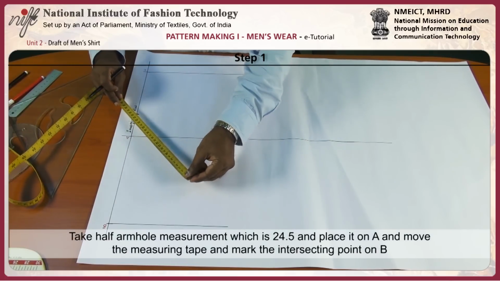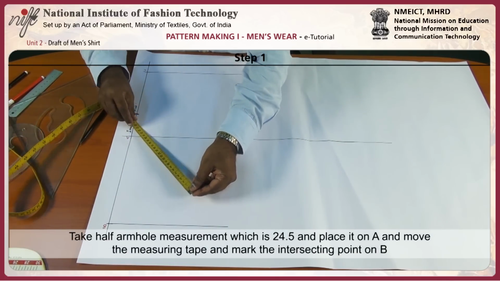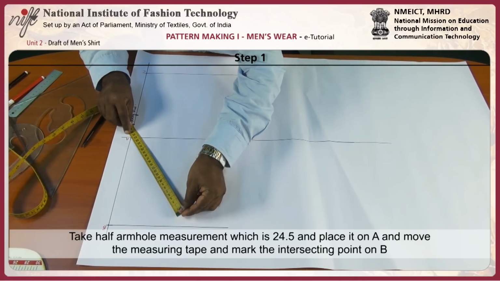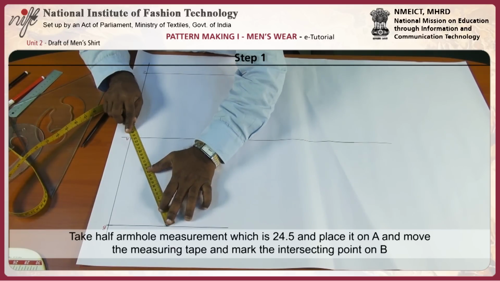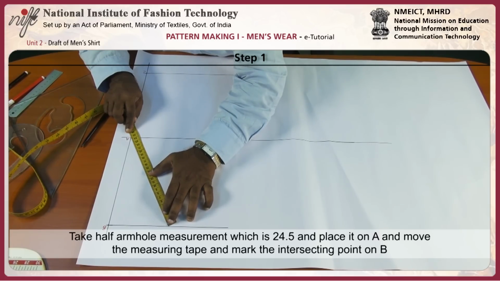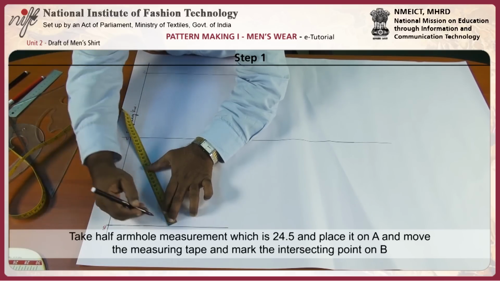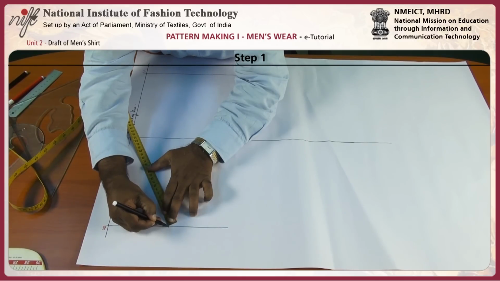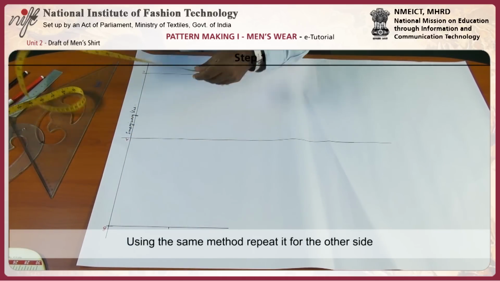You need to take half armhole measurement, which is 24.5, place it on point A and move the measuring tape and mark the intersect point on the line B. See, it is intersecting here. Repeat this for the other side too.